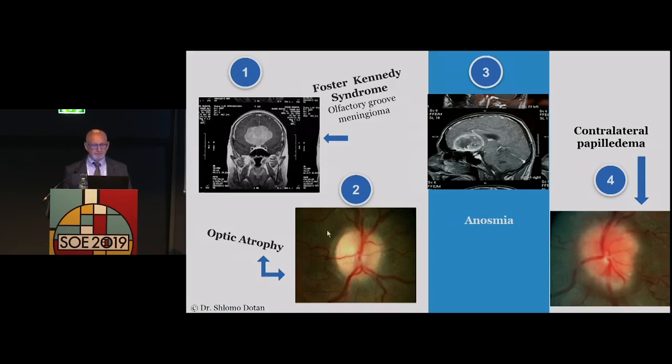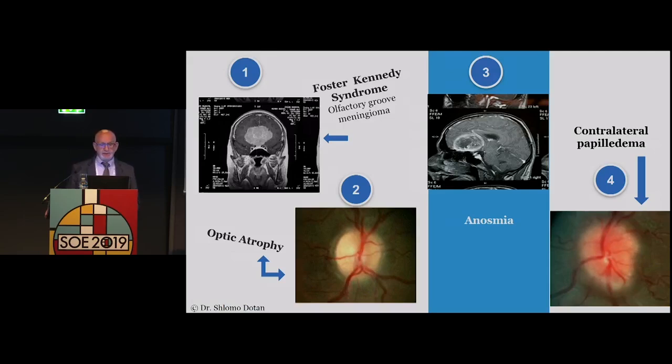Of course, by the way, this is the olfactory groove meningioma. This is a disease caused by a meningioma, which is, as you can see, coming to a dimension of a grapefruit.